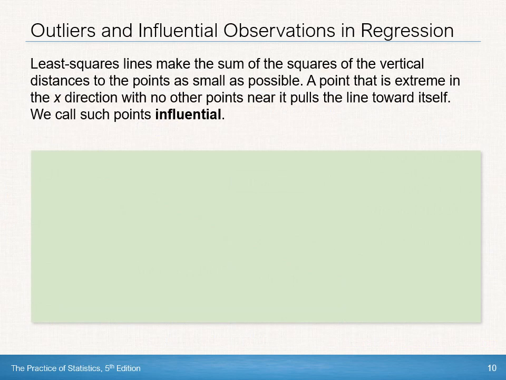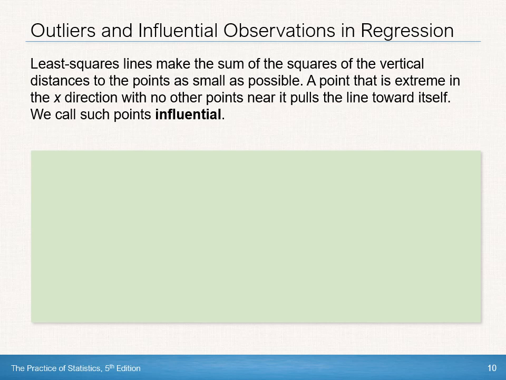Okay, so we're talking about influential points. The least squares line makes the sum of the squares of the vertical distances to the points as small as possible. So that's taking the square of the residuals and making them as small as possible. A point that is extreme in the x direction with no other points near it pulls the line towards itself.